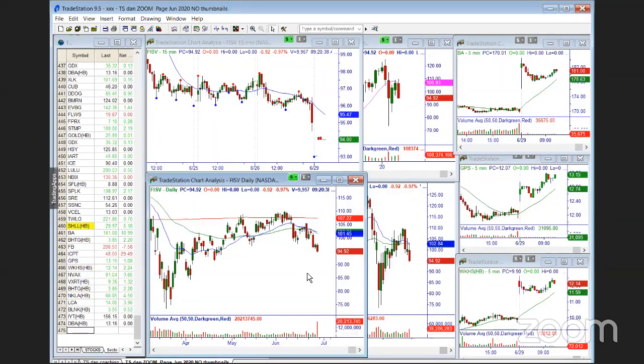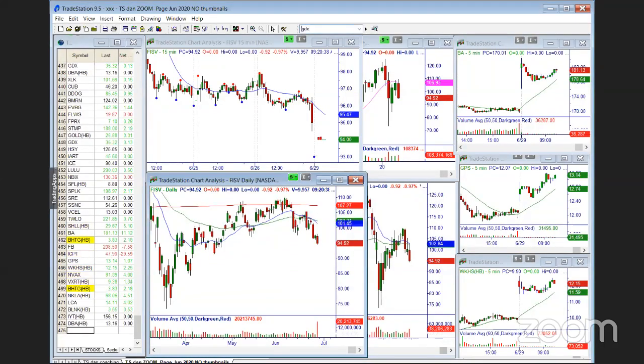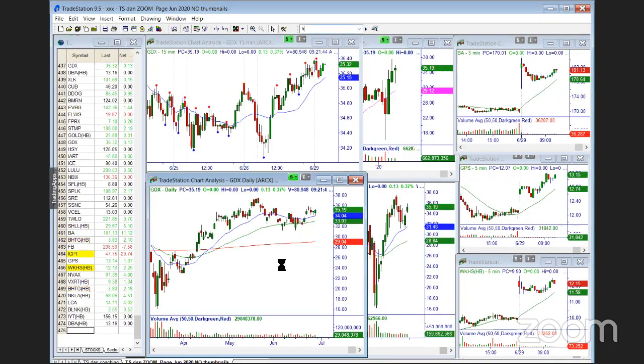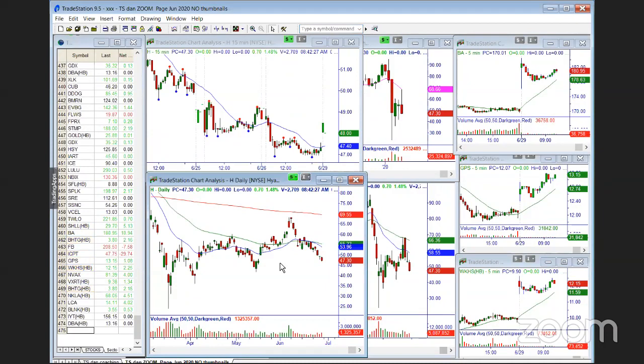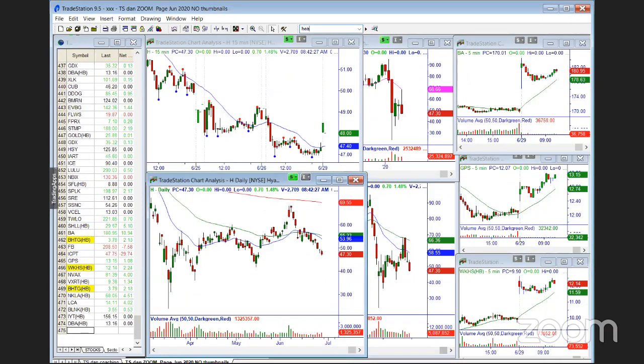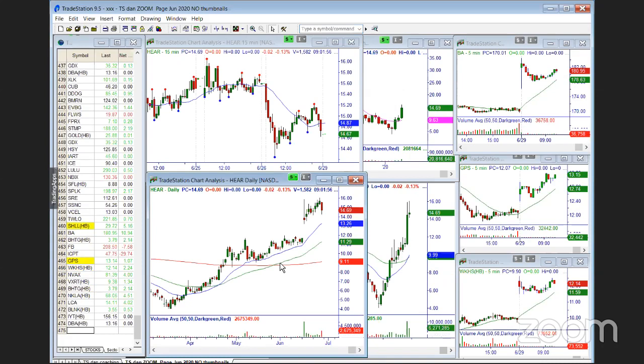FASB, we got a call spread. That looks fantastic. I even said Friday that looked like a 1, 2, 3 continuation short. GDX put spread looks great for a directional. H Hotel, we have a bear put debit spread.